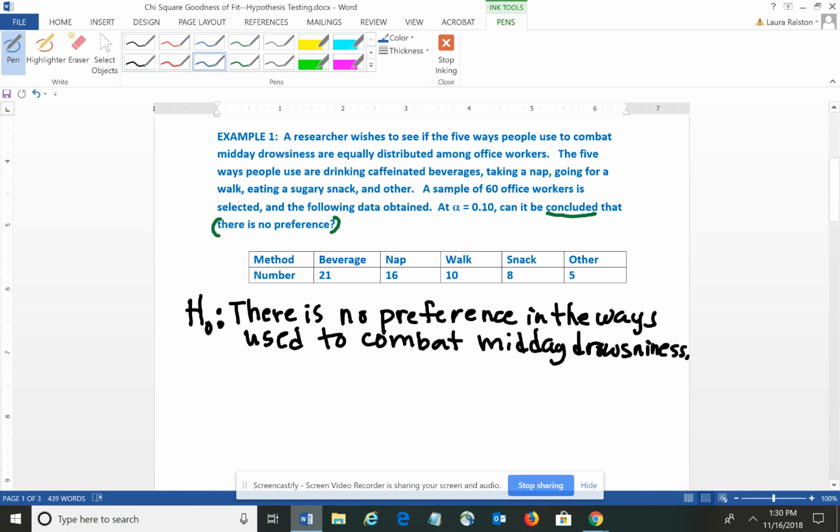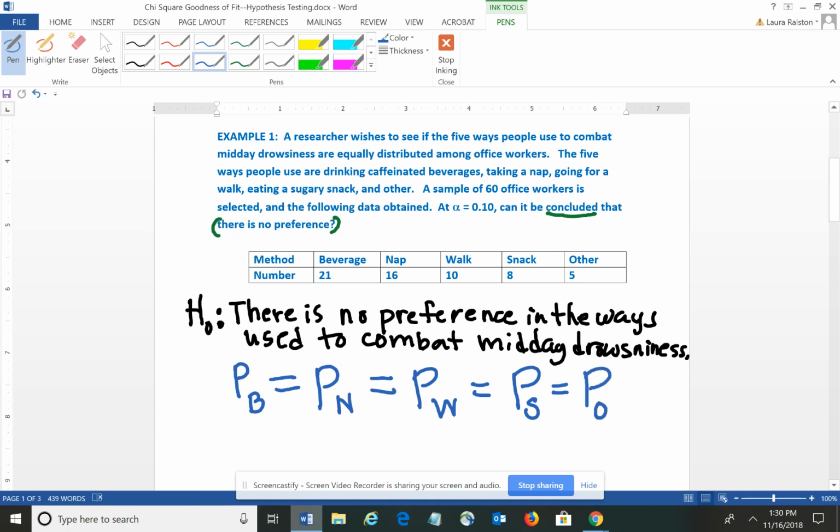So you can write the hypothesis for the chi-square goodness of fit in words. If you prefer symbols, the same thing can be written in symbols, and we're basically saying that the proportion that drink a caffeinated beverage is the same or equal to the proportion that take a nap, which is equal to the proportion who go for a walk, which is equal to the proportion who eat a sugary snack, which is equal to the proportion of other.